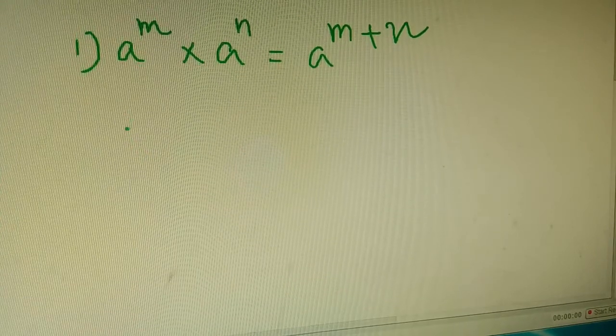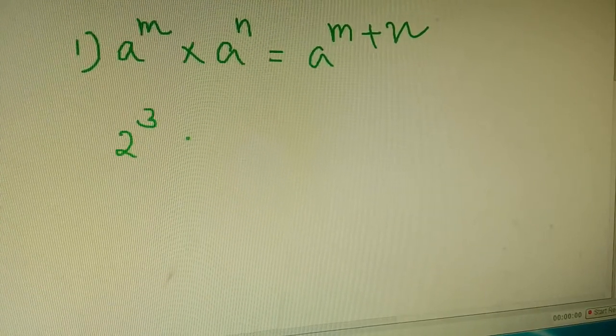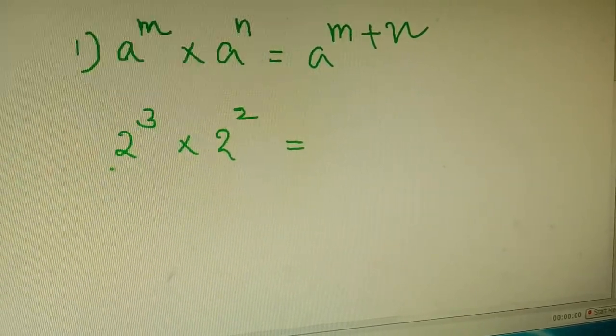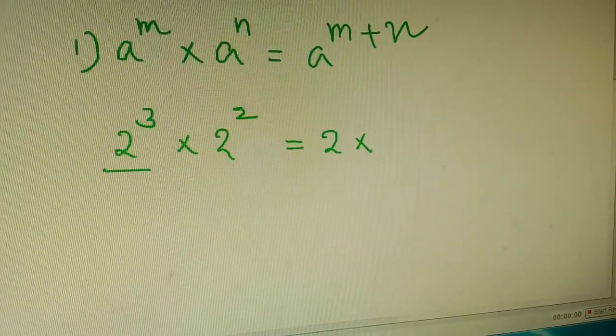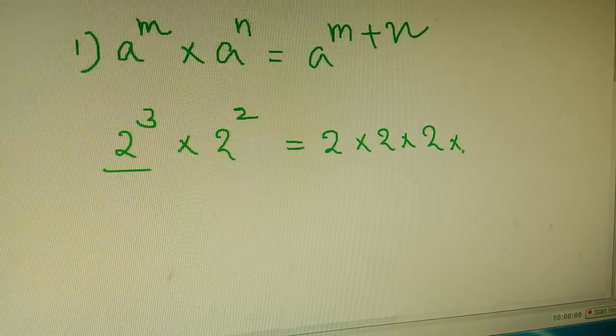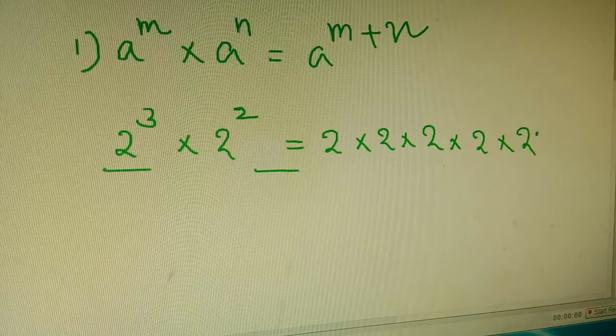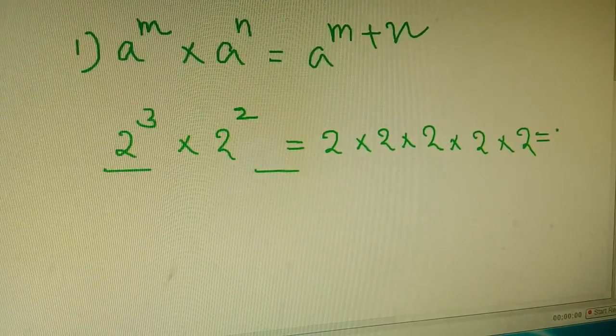As an example, we can see 2 to the power of 3 times 2 to the power of 2. That means 2 to the power of 3 means 2 multiplied 3 times, and 2 to the power of 2 means 2 multiplied 2 times. Then how many 2's are there in total? 5 times.